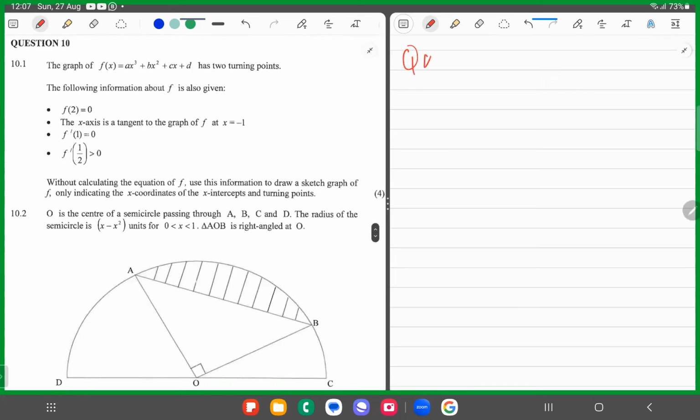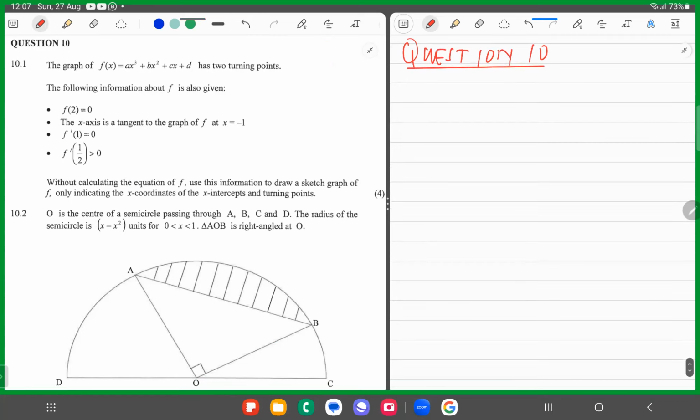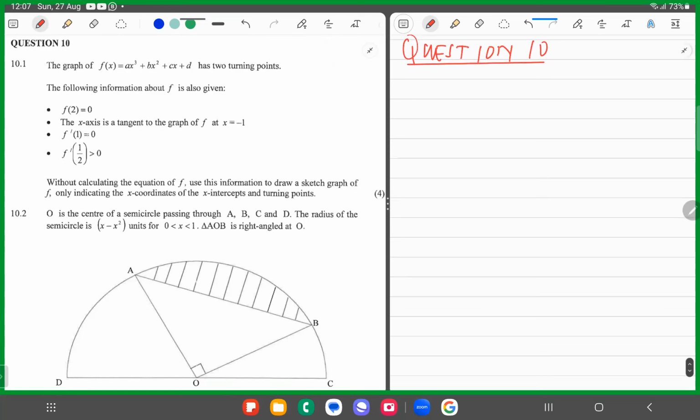Question 10. The graph of f of x equals x cubed plus bx squared plus cx plus d has 2 turning points. It's a cubic function. It has 2 turning points as usual. The following information about f is also given: f at 2 is equal to 0.